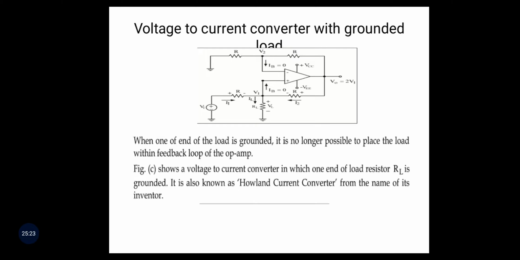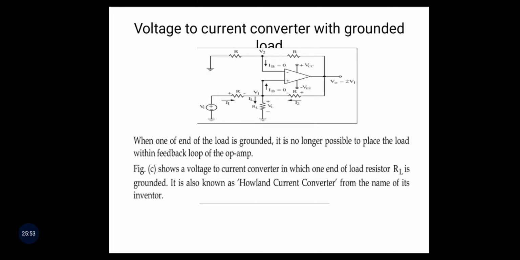Two resistors are connected, R and the feedback resistor R, and the load is RL. Here the load RL is grounded. That's why it is called a voltage to current converter with the grounded load.